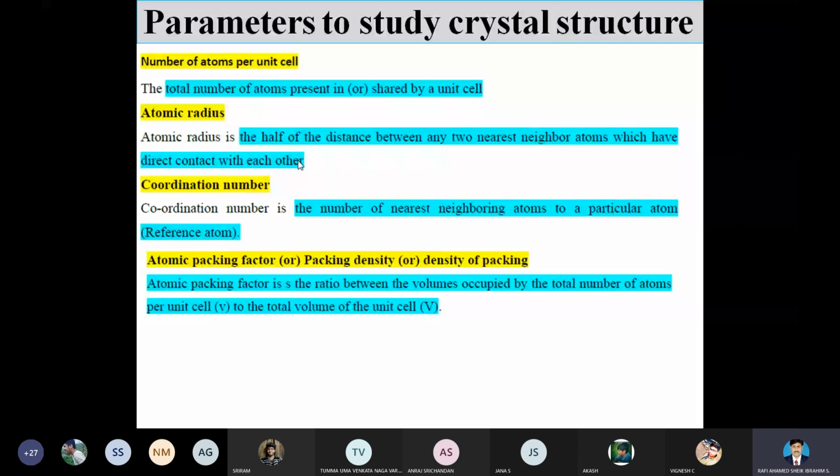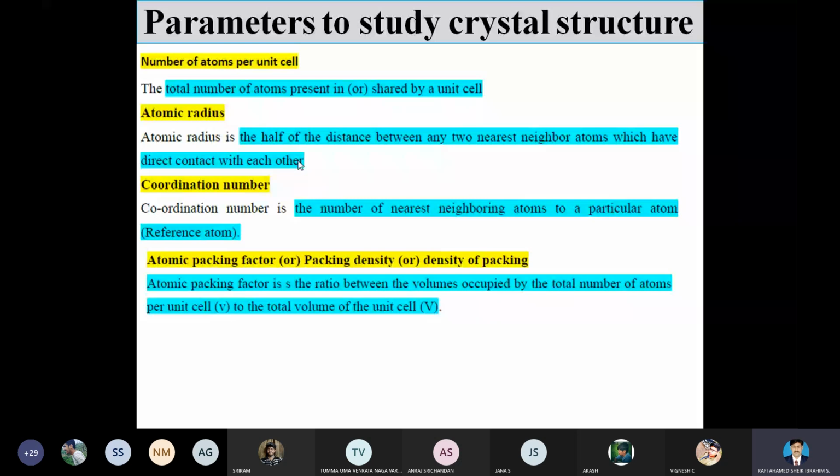Only one thing we have to observe in our mind. Atomic radius means half of the distance between two atoms, which is nothing but the radius. So we are going to measure the radius of two atoms. For the first atom it is R, for the second atom it is also R. So the distance between the two atoms is 2R.